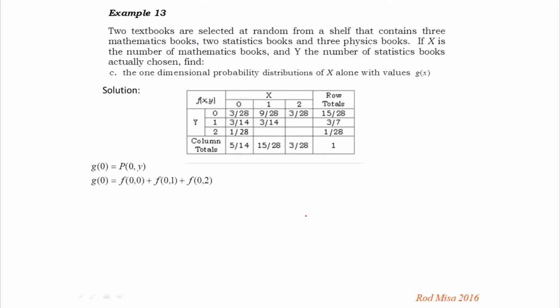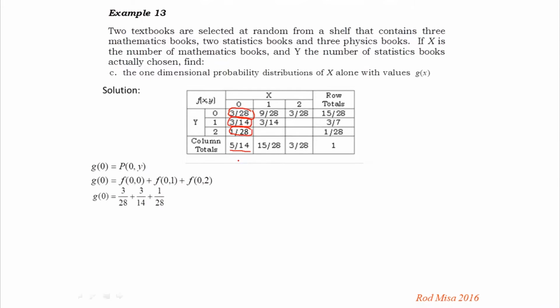And you can see that these are the probability values of 0, 0 added to the probability value of 0, 1 here, and also to the probability value of 0, 2, because all their x's here are all zeros.